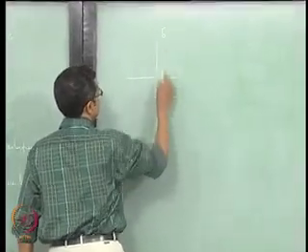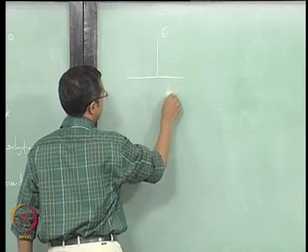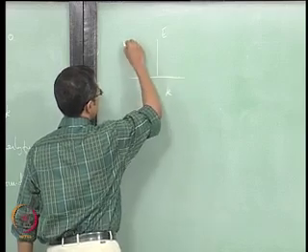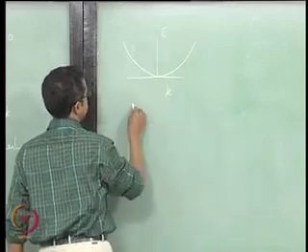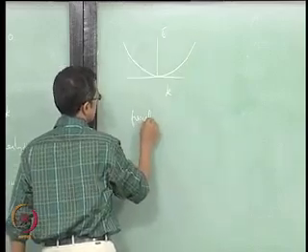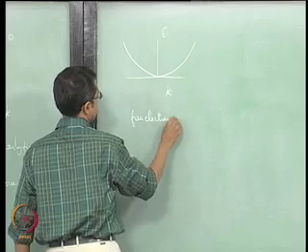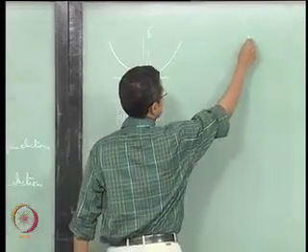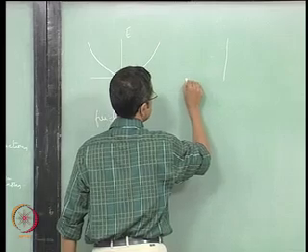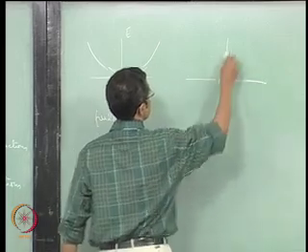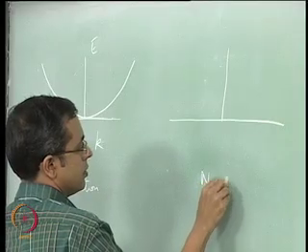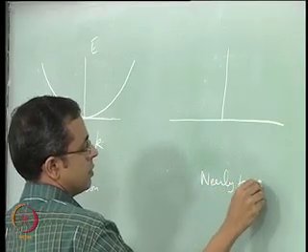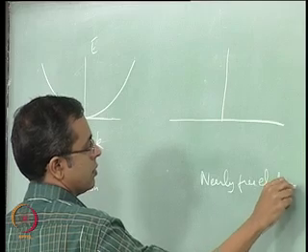This is E, this is allowed values of k. So for a free electron, so this is free electron, this is nearly free electron, okay.